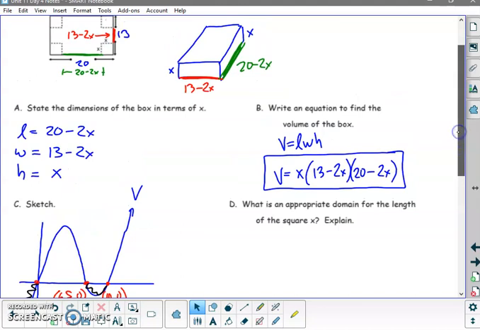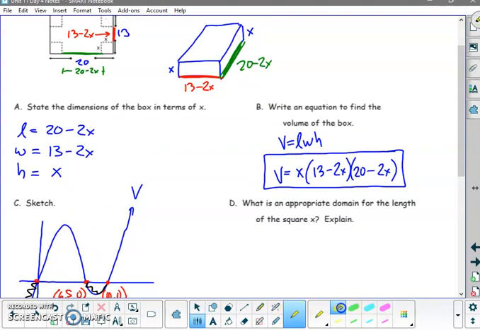So if you think about this side here, 13 minus 2x. Now if I'm looking at the graph where it is above 10, you might think, oh, well that's perfectly fine. That volume's positive, so why can't I just use that? Well, if x is 10, 13 minus 2 times 10 is going to give you a negative 7. We can't have a negative length.